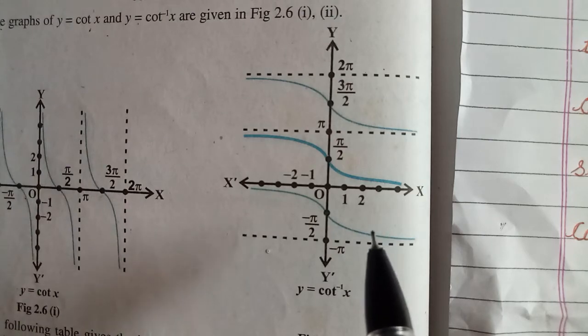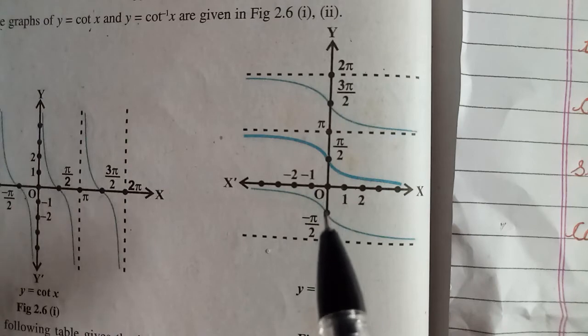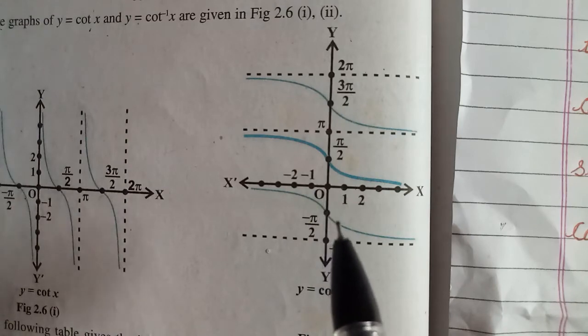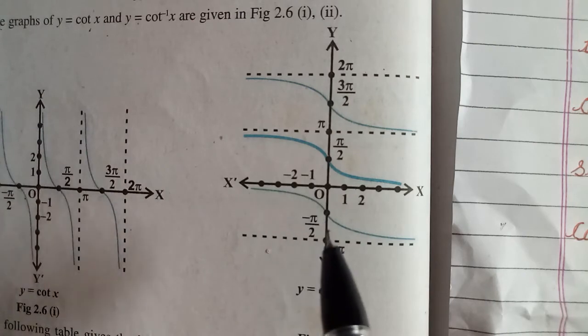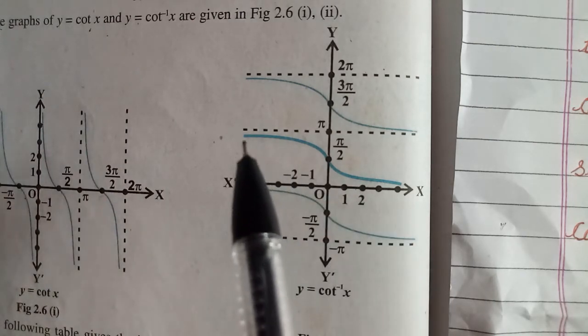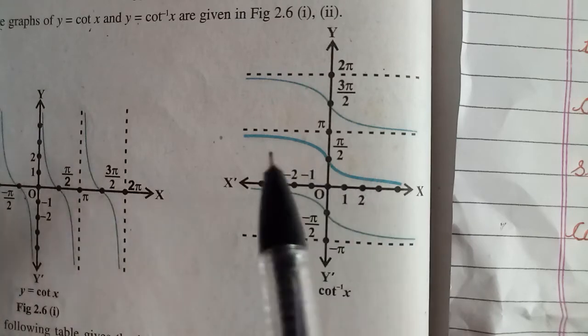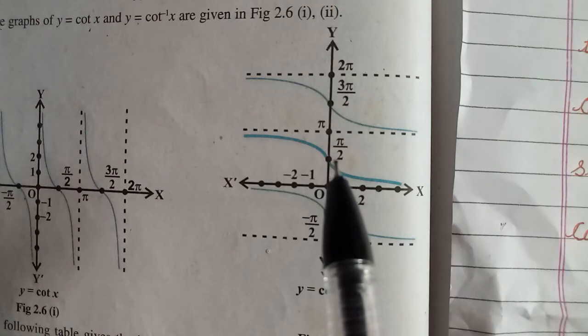Now what about the range? You can see that it is taking values from, just see here. I told you this one, but I think it is better to look here. So if you look here, what happens, children?